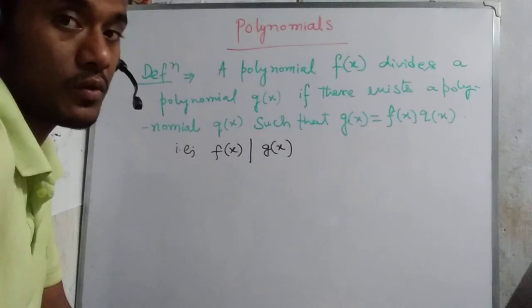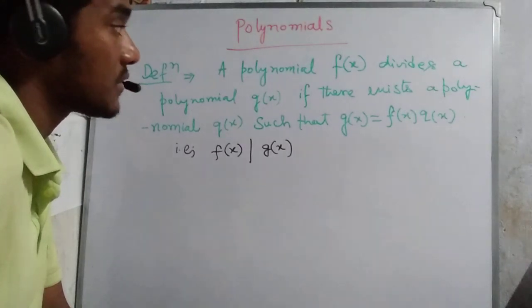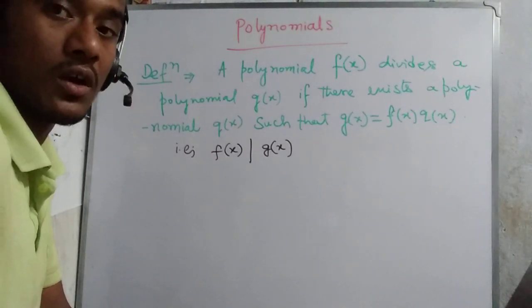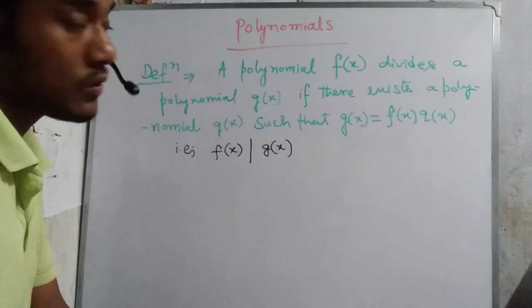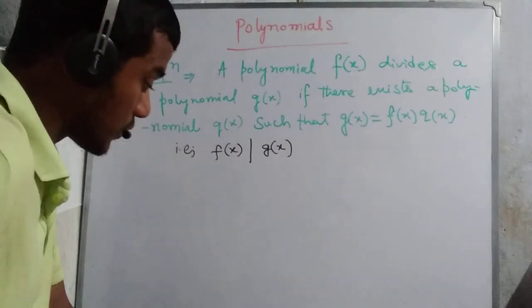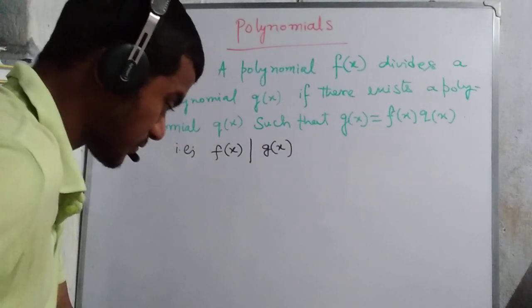This is denoted by some function, and then we call it a polynomial. So now we go to further discussion of that.